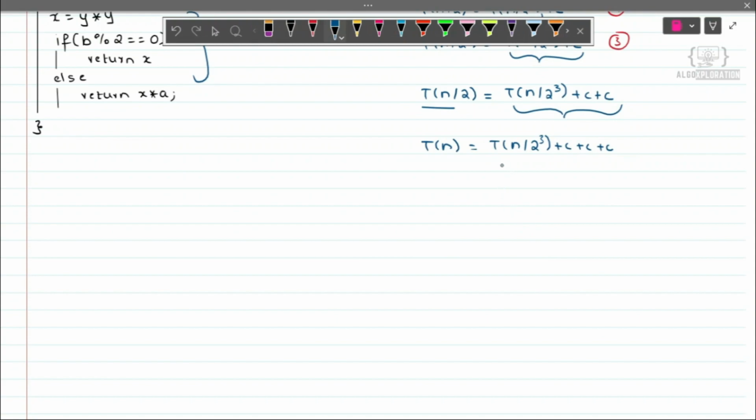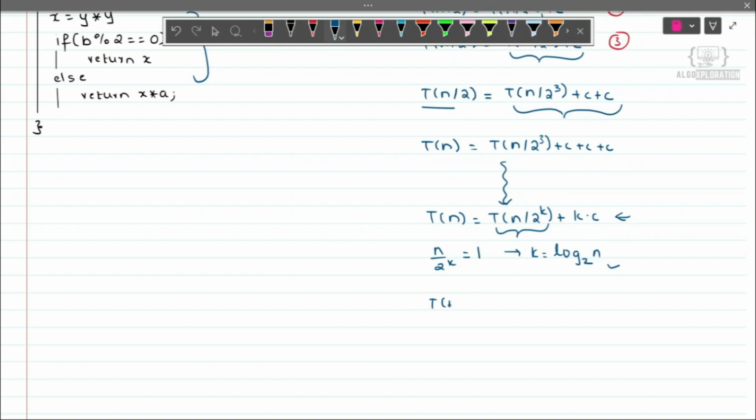Now if you do this for k number of times, this will be T of n equals T of n by 2 raised to k plus k into C. Now we have to eliminate this part, so let's put n by 2 raised to k as 1 because of the termination condition. So the value of k will be log n base 2. Now we will substitute the value of k in this equation.